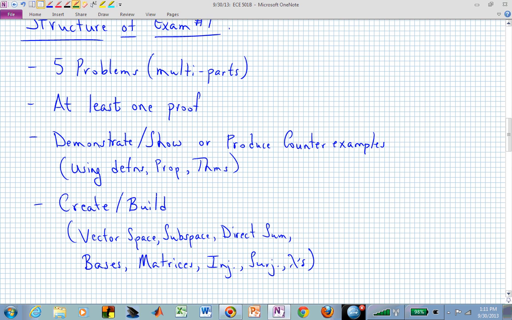Or you may need to find or create or build certain vector spaces, subspaces, direct sum decomposition, some basis, know the dimensions, maybe create a matrix from a linear map, talk about that linear map or that matrix, whether it's injective or surjective, possibly find the eigenvalues and or eigenvectors of that matrix or whatever it is that you're building. That's sort of the idea behind exam number 1 in terms of the type of questions you might expect.